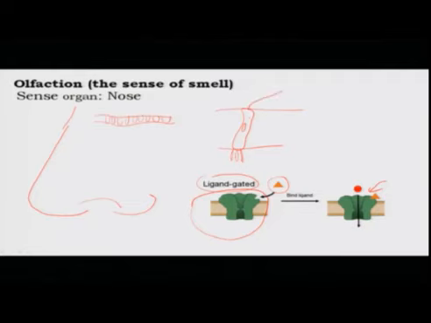This cell has an axon which goes on to the part of the brain right above your nose, called the olfactory bulb, and this stimulates the olfactory neurons present there and then conveys this information to other parts of your brain. So, you can detect the presence of a chemical in your nose and convey this information right up to your brain, and this is what comprises your sense of smell.